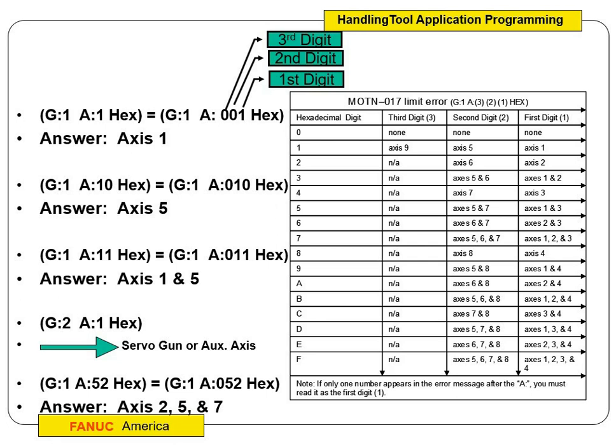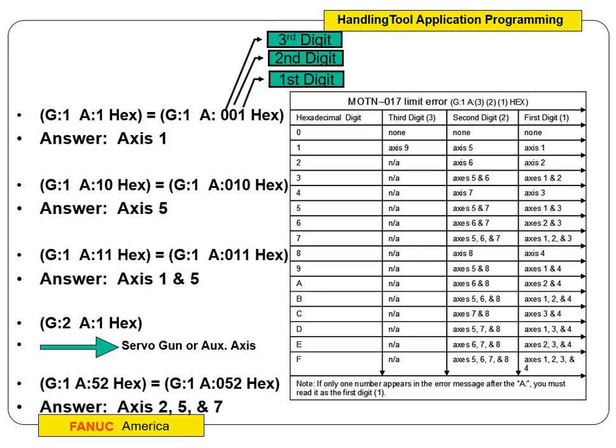Looking at this chart, if we have 001, that's hexadecimal 0, hexadecimal 0, and hexadecimal 1. So 0 means none on the 3rd digit, 0 means none on the 2nd digit, and then 1 in the 1st digit means axis 1. So you go 001 and interpret that.